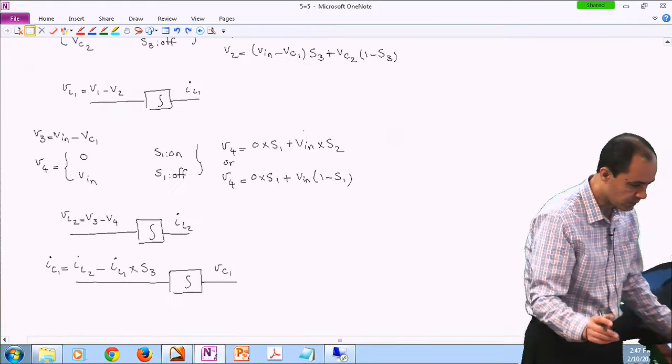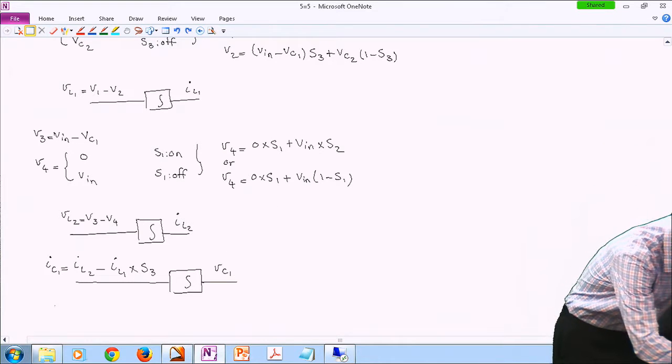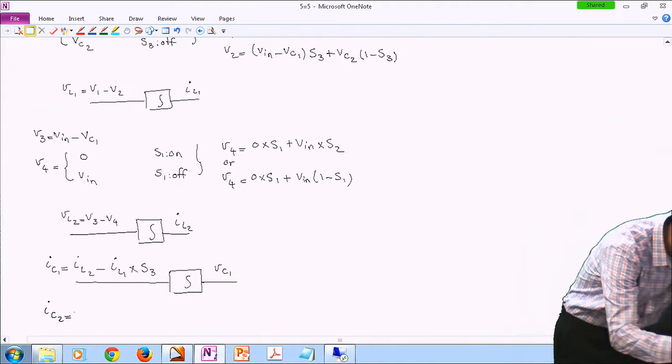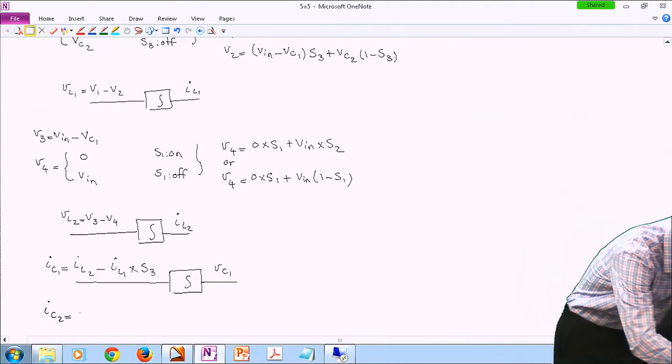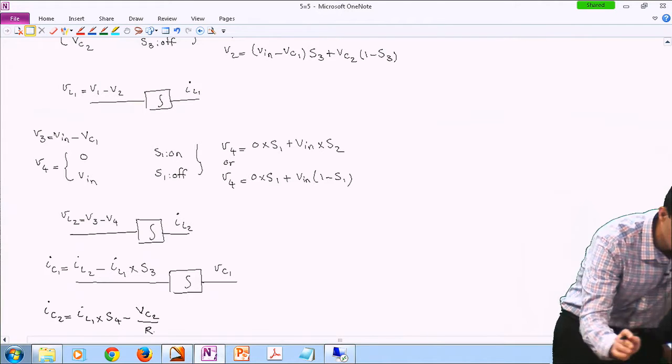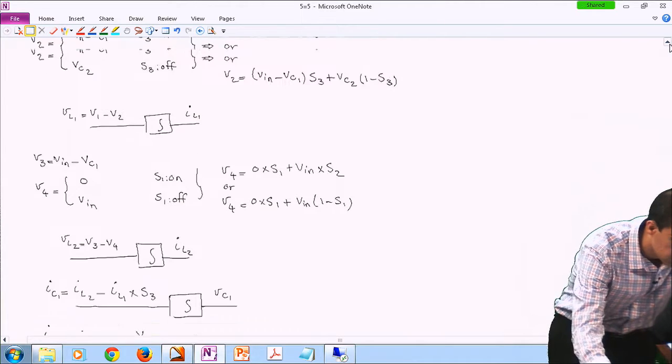All right, now what about IC2? The current flowing into the second capacitor, it is actually IL1 times S4 minus VC2 over R. This is the output capacitor. So let's take a look at this.